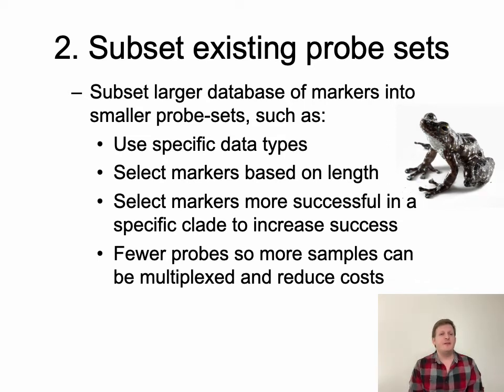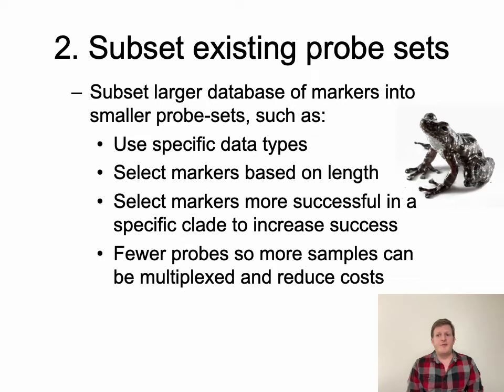And for our second type of modularity, this large database of markers can be reduced into smaller configurations based on the goal of your project. Specific data types can be selected or excluded based on length or based on how successful they were in a specific clade of interest.